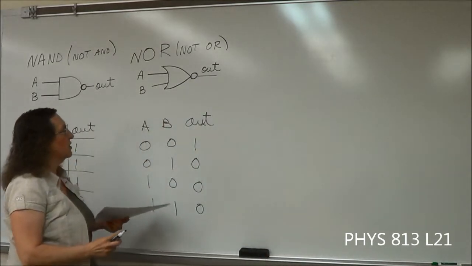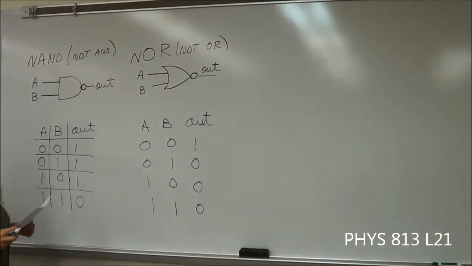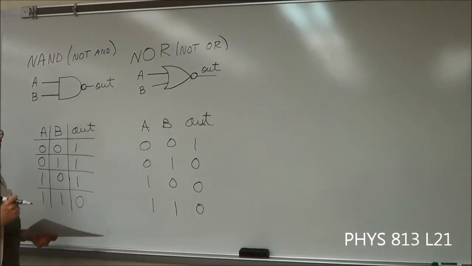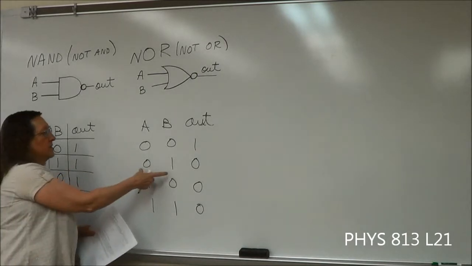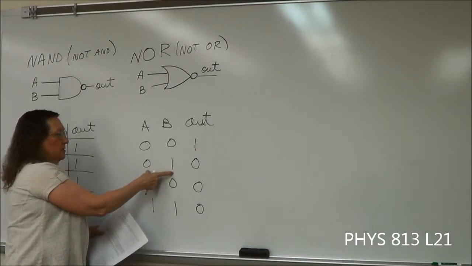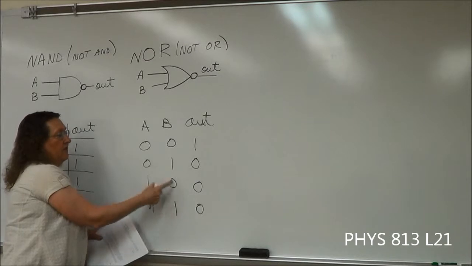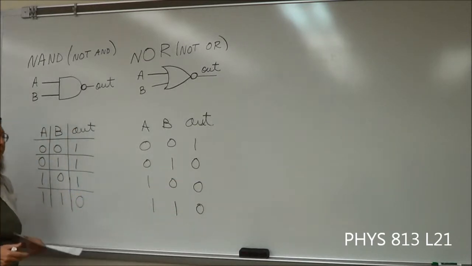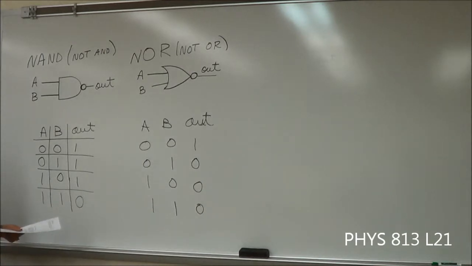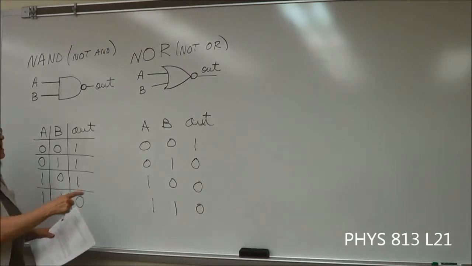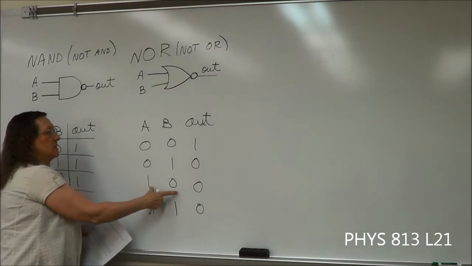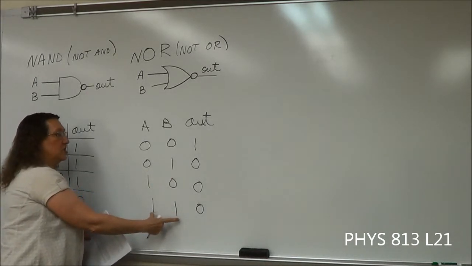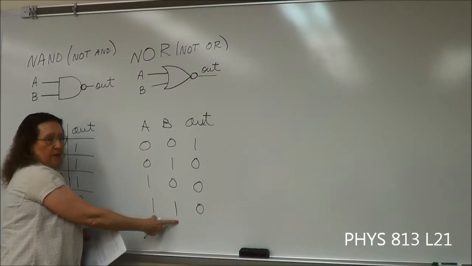And if we look back to when we had the OR, it was either of these or both of them. If either of these was a 1 or if both was a 1, then that was okay. But what we might want is if either of these is a 1, then we'll keep that, but we don't want them both being 1s.